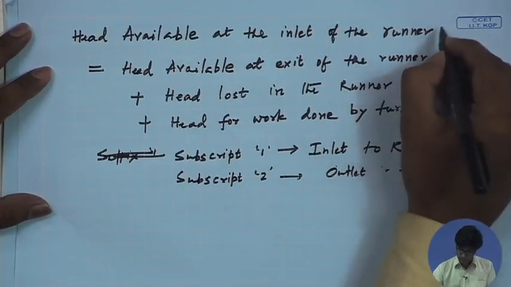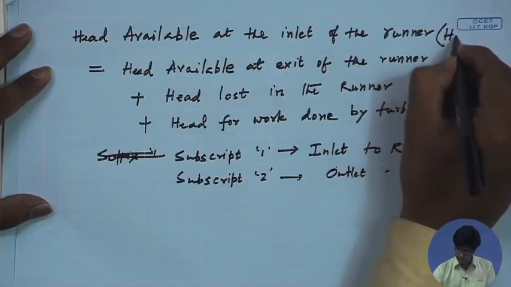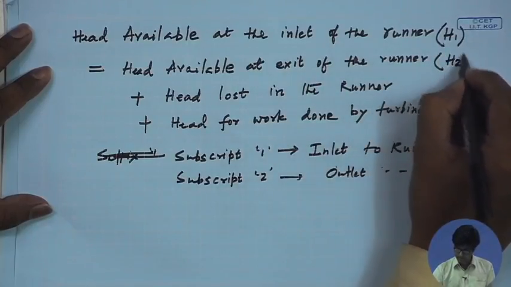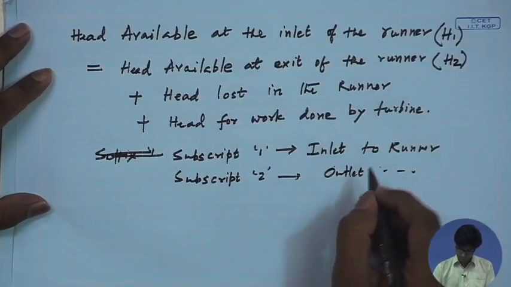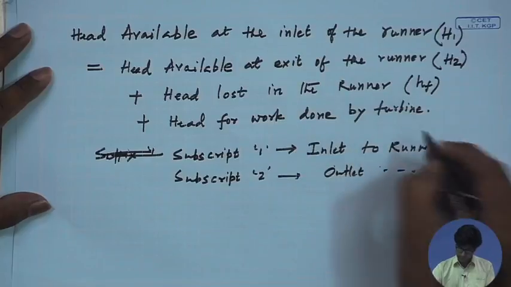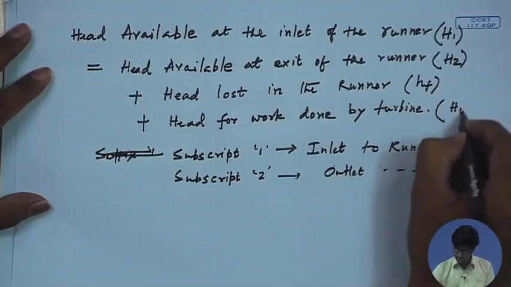So, the head available at the inlet, we can represent it by H1. The head available at the exit of the runner, we are representing by H2. The head lost in the runner, that we are required to find out, is Hf, and let this be represented by Hw.